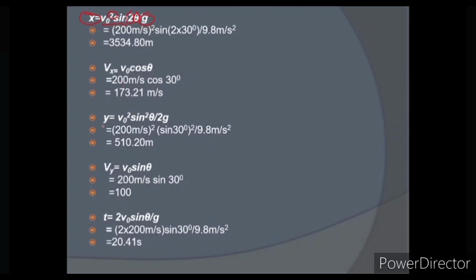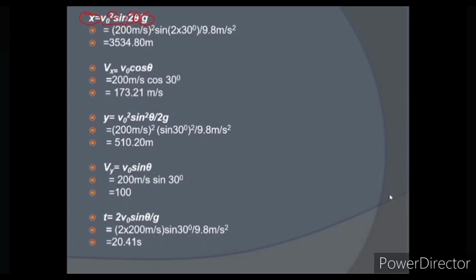Next, looking for the height, y. So, you have your initial velocity squared, sine squared theta, divided by 2g. Paano gawin yan? So, you have here the given, which is the 200. This is the velocity. Yan yung common sa kanilang dalawa. Squared, sine 30.